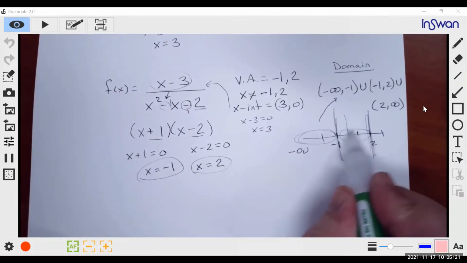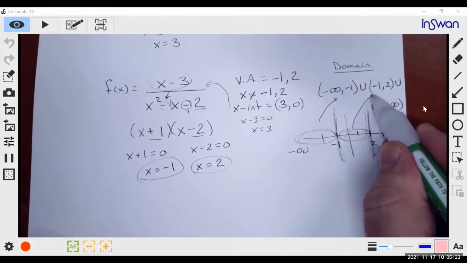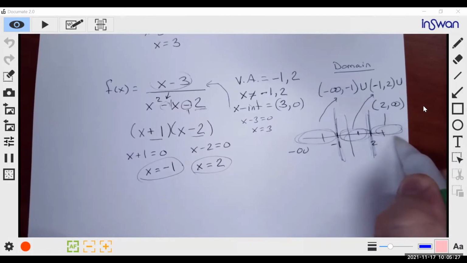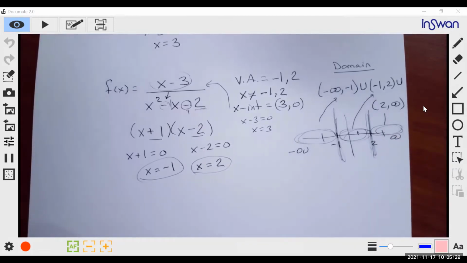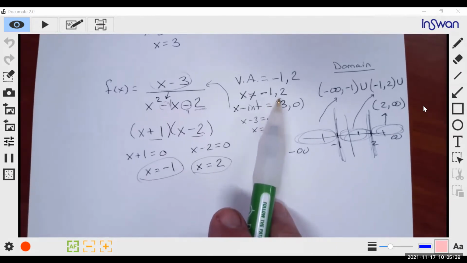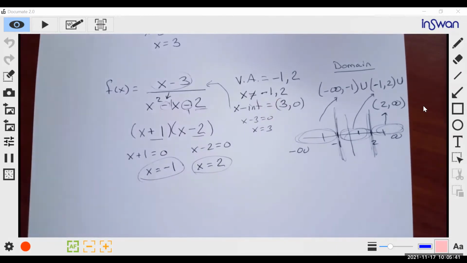I can have these numbers, which is from -1 to 2, and I can use these, from 2 to infinity. All right, so whenever you have multiple vertical asymptotes, you can use values on both ends and in the middle.